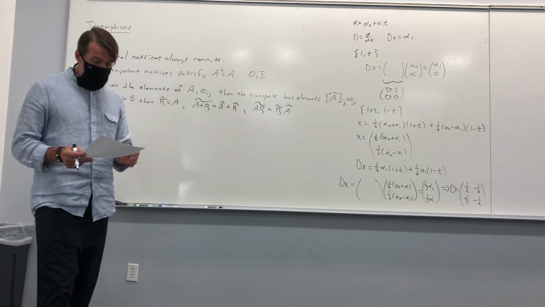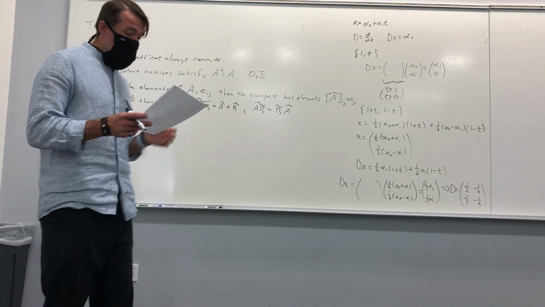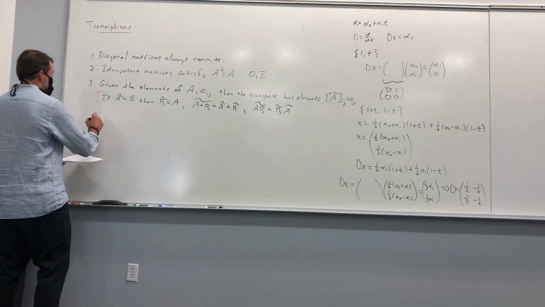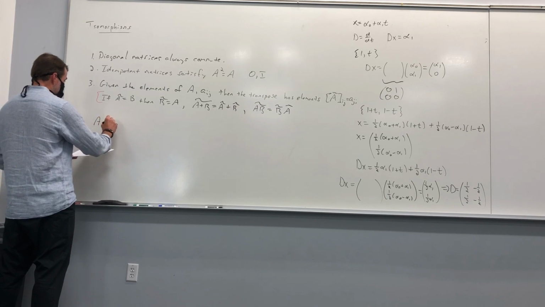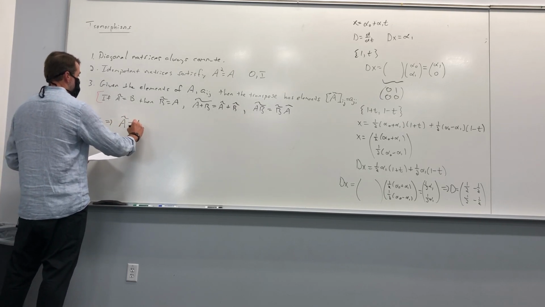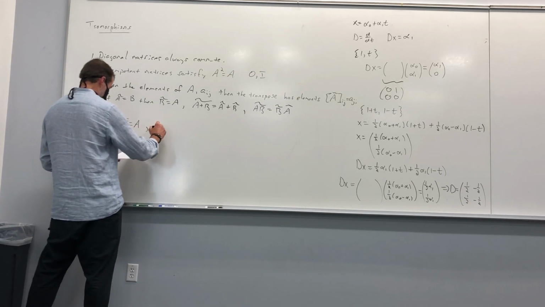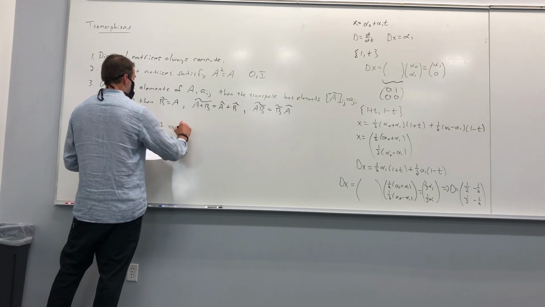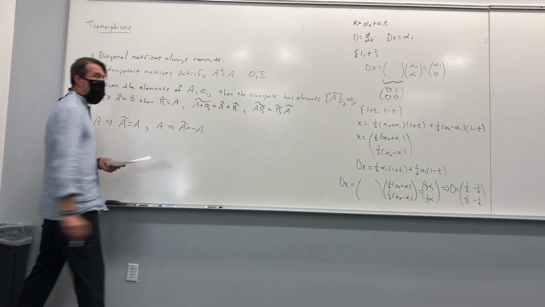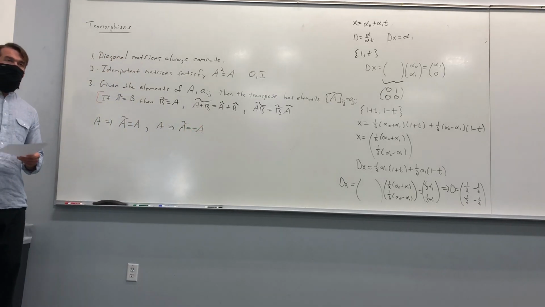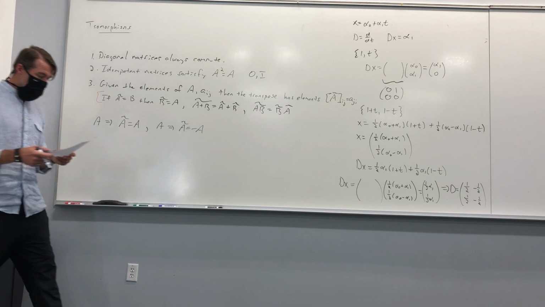All right? And then you can have symmetric and anti-symmetric matrices. So a symmetric matrix is one such that the transpose is equal to the original matrix. And an anti-symmetric is one where A twiddle is equal to minus A. So if you transpose, you get minus.